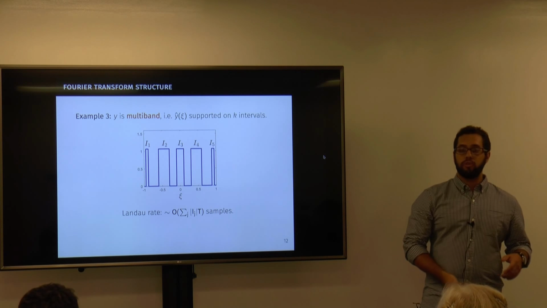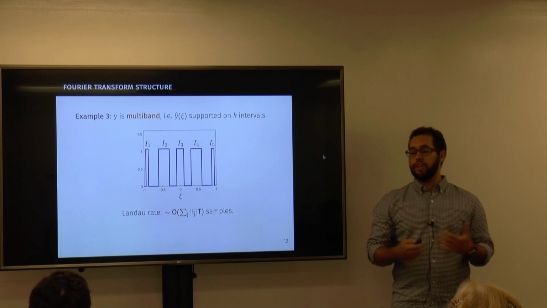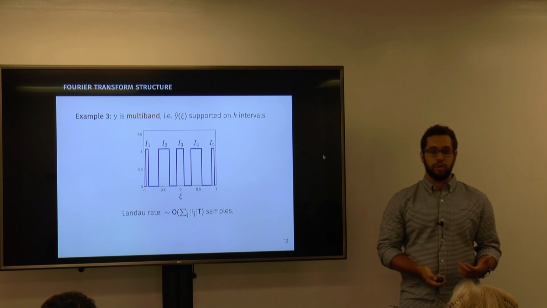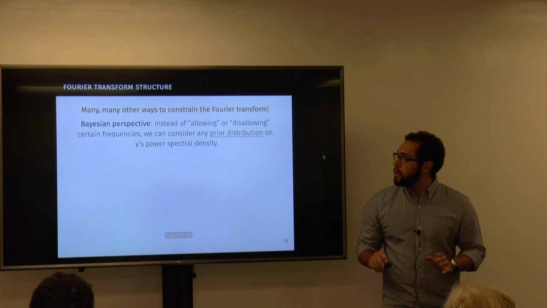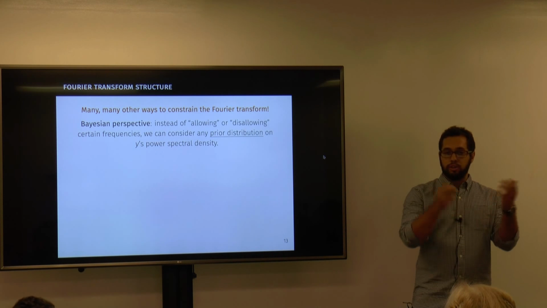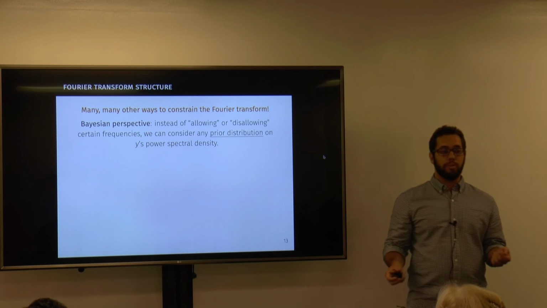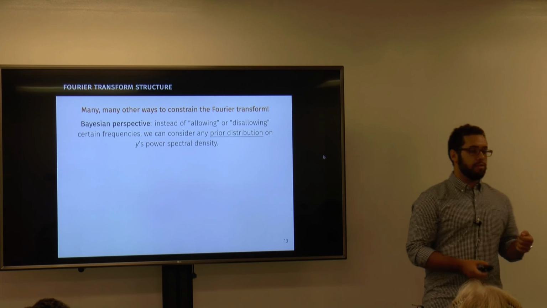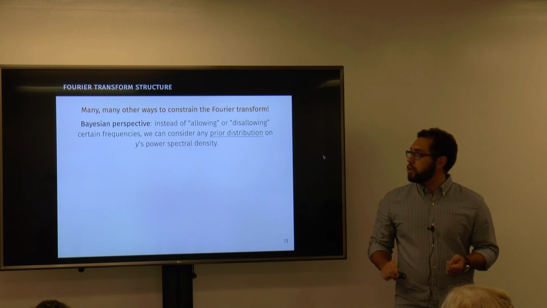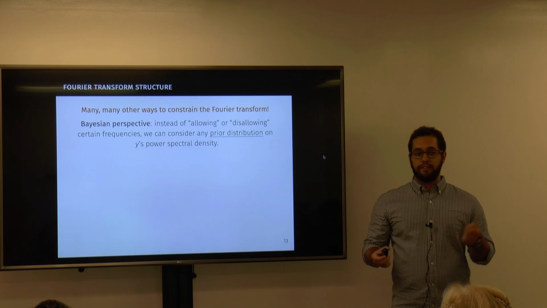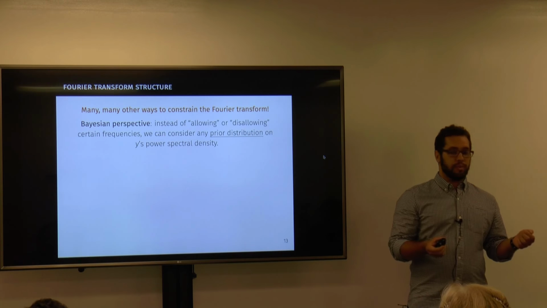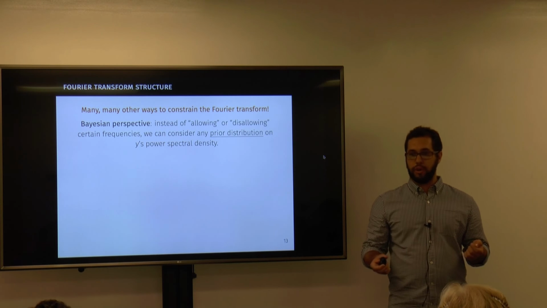Okay, so those are the standard constraints you see on signals in signal processing and engineering. But I actually claim that this problem of putting a constraint on the Fourier transform is far, far more general than those problems. We don't need to think of our constraint as allowing or disallowing certain frequencies like we did for band-limited or sparse functions.